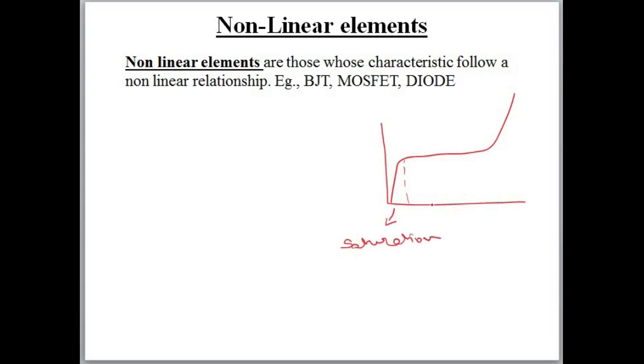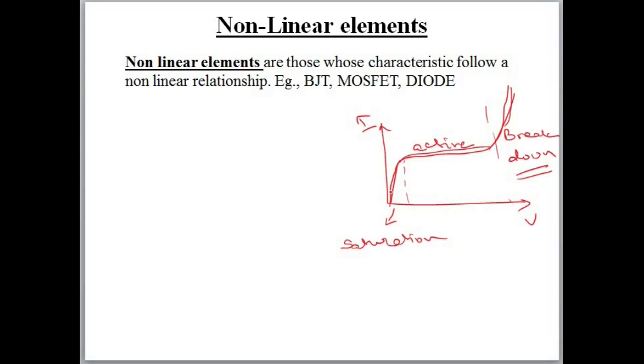This is called the active region. And this region is called the breakdown region. So there is no linear relationship. Here, this is your I, this is your V. As V is increasing, for some time I will increase, after that it will be constant, after that it will increase drastically. So there is no linear relationship between V and I for a BJT.